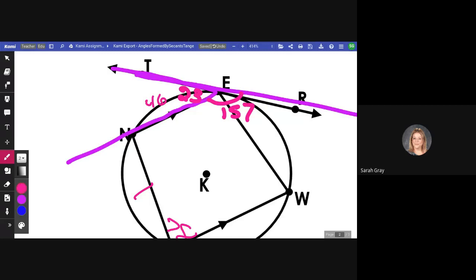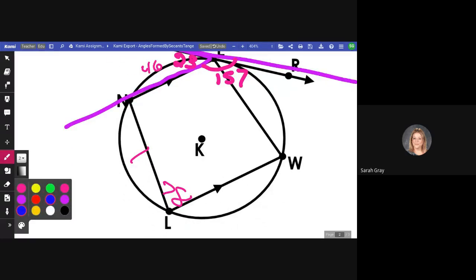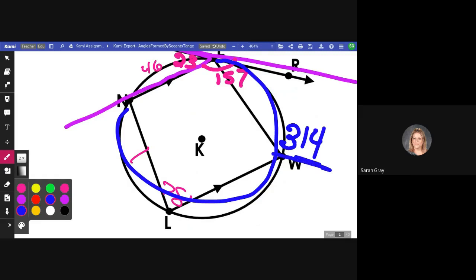Right? So then how long is this big old arc going to be? That's formed by a 157-degree angle. 314. 157 times 2. Well, 314 plus 46 is 360.